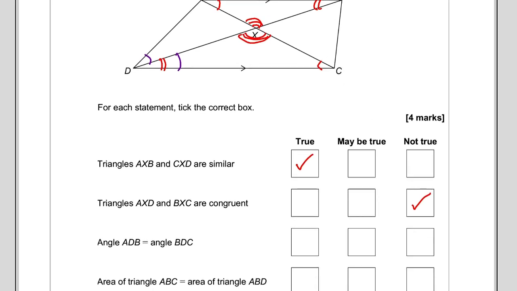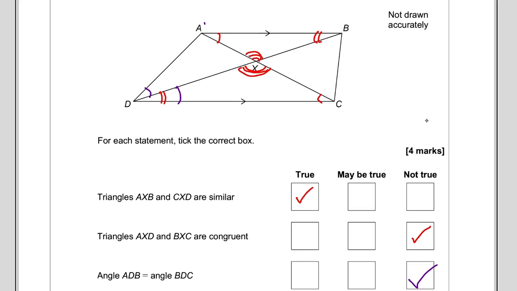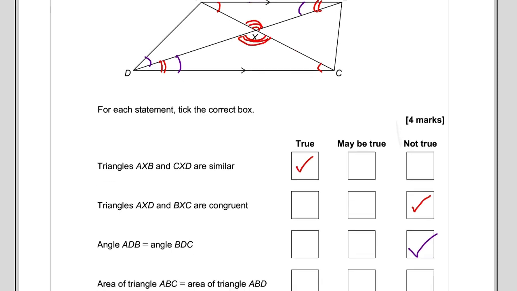No, they can't be equal. Yeah, because if these are parallel, then we haven't got any alternate angles, really. Those two angles can't be equal because these two sides aren't equal, because DA and AB are not equal. It can't be an isosceles triangle between AD and B, so that one can't be true.